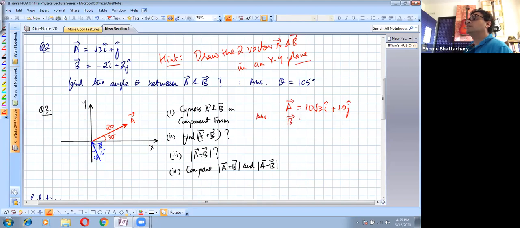Vector B will be 15 by 2 I cap minus 15 root 3 by 2 J cap. And that is why the second part's answer will become vector E plus B.